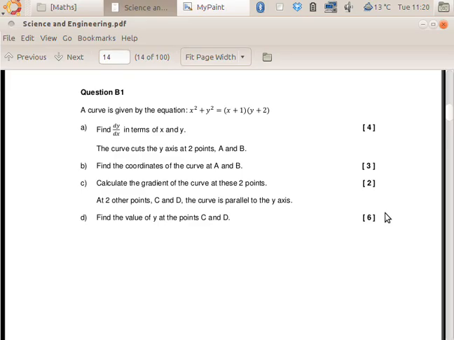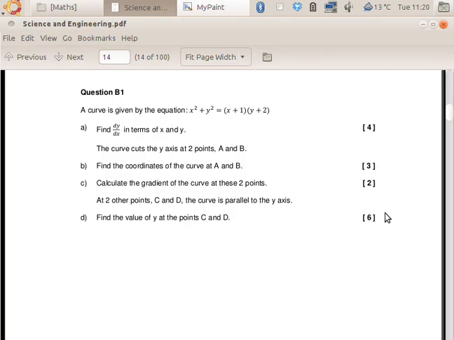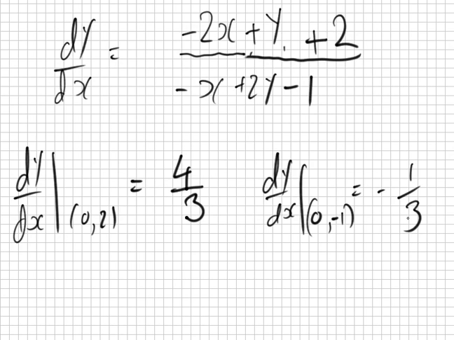Got that? Now the final part: find the value at two other points. At two other points, C and D, the curve is parallel to the y-axis. Find the value of y at these points. Now, parallel to the y-axis.